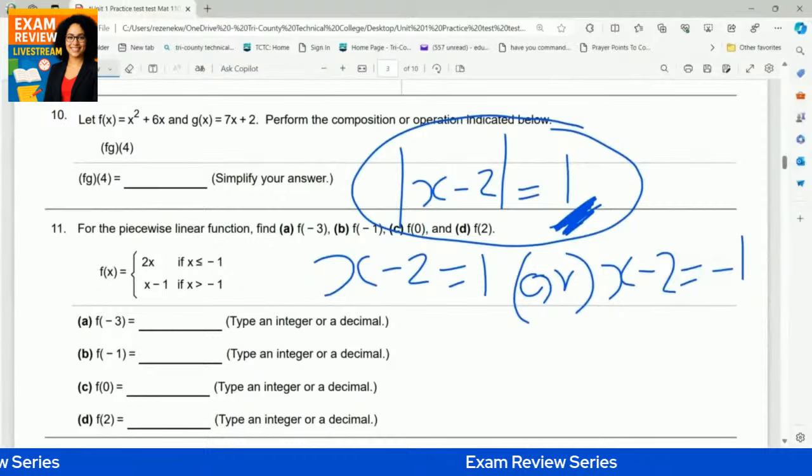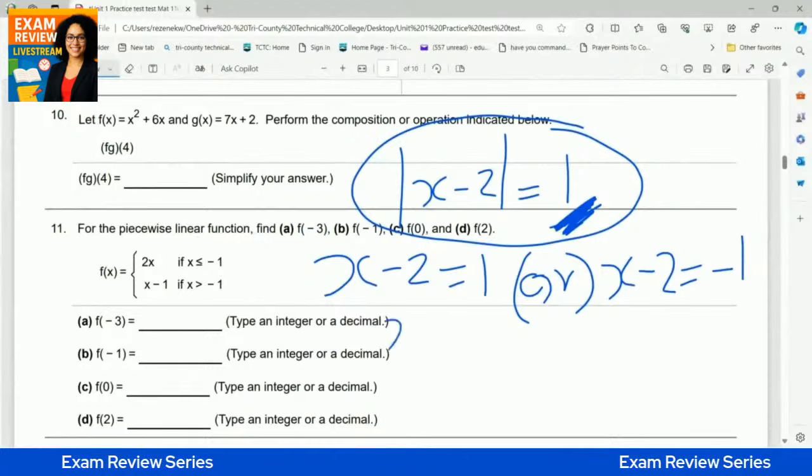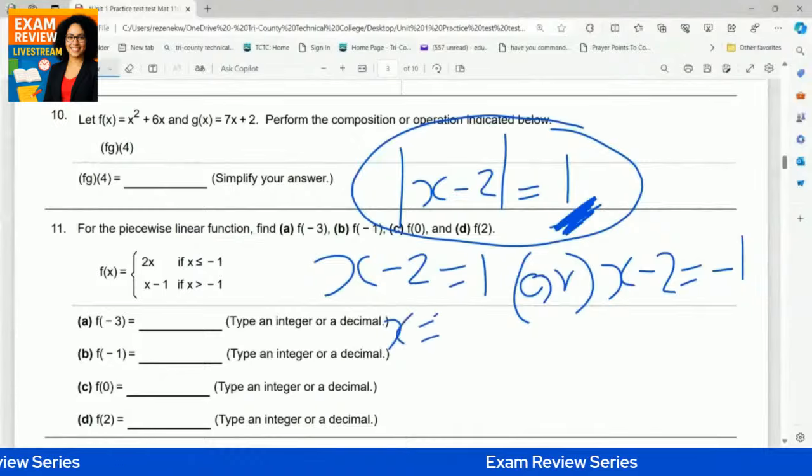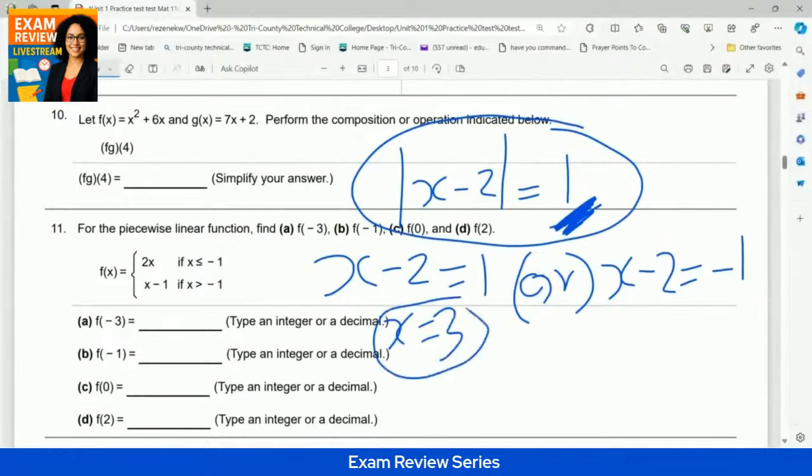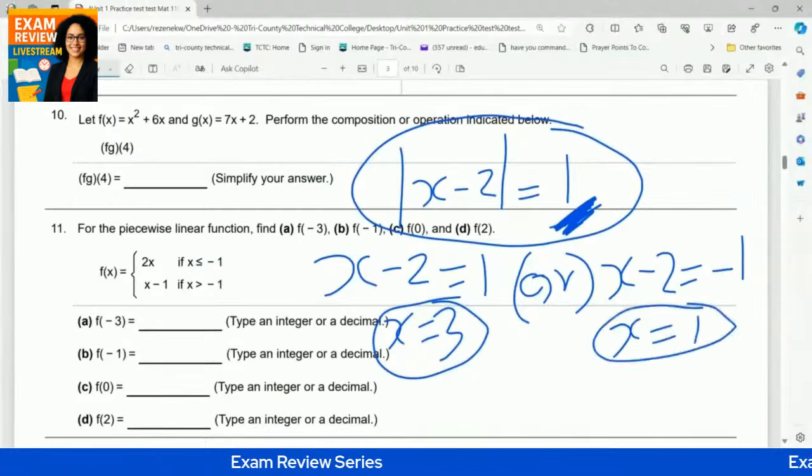Then solve each of them. Plus 2 on both sides, I have x is equal to 3. This is one solution. Plus 2 on both sides, I have minus 1 plus 2 is 1. So x is equal to 1. So I got x equal to 3 or x equal to 1.